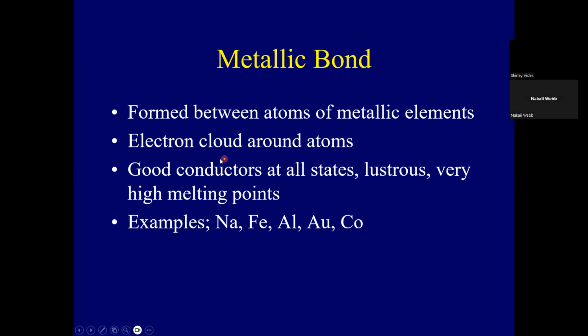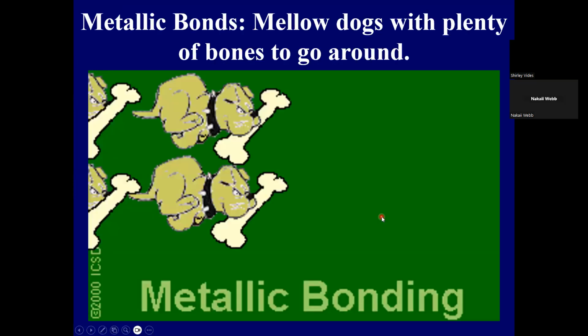Okay, so you'll see in a minute what I mean by that. So they are very good conductors in any state. And they are lustrous, that means shiny, and they have very high melting points, even higher than ionic compounds in some cases. Just depends on the metal.